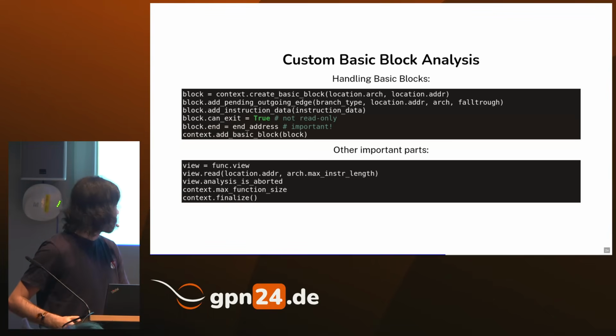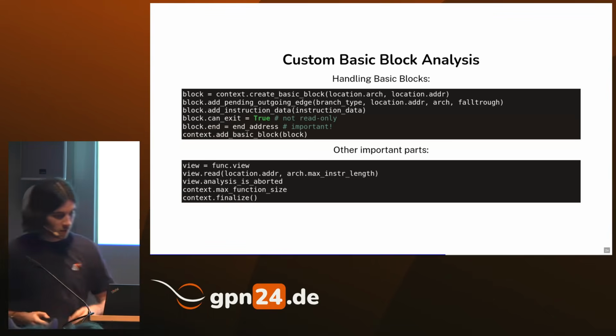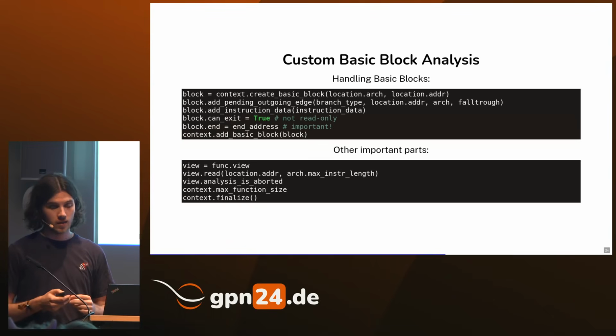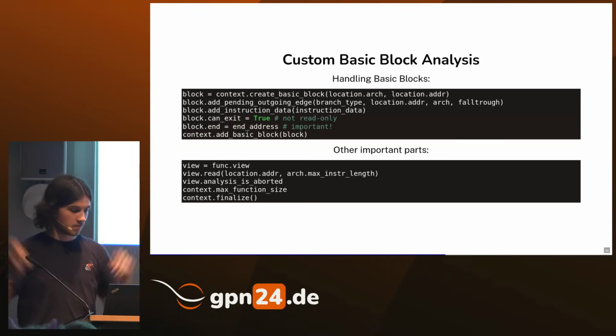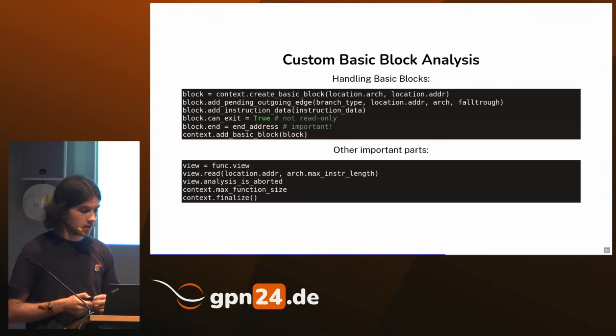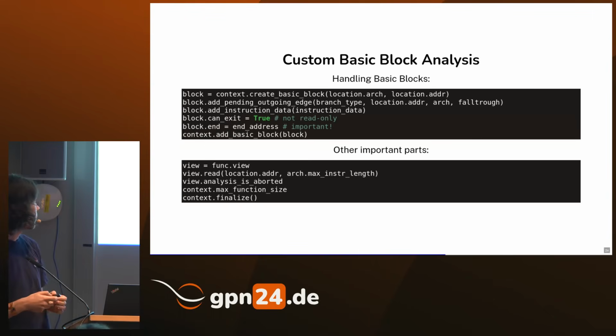And another property that's also documented as read-only, that we actually need to set, is the end of each basic block, the end address. If we don't set that, then Binary Ninja just crashes. And if we are finished, then we add the basic block to our function. And there are some utility APIs as well that we can use.